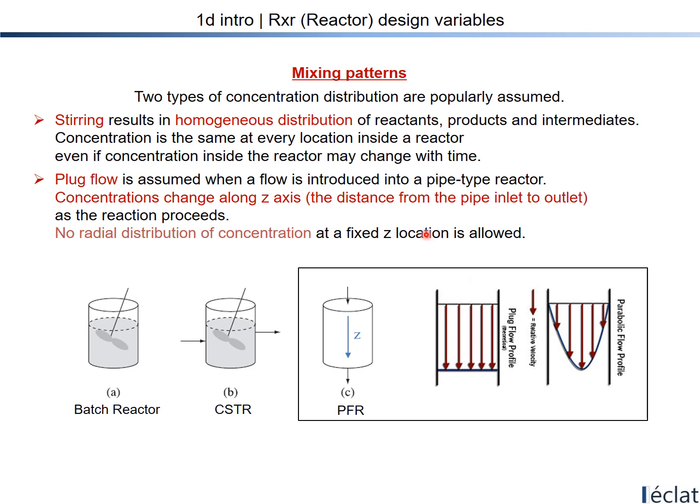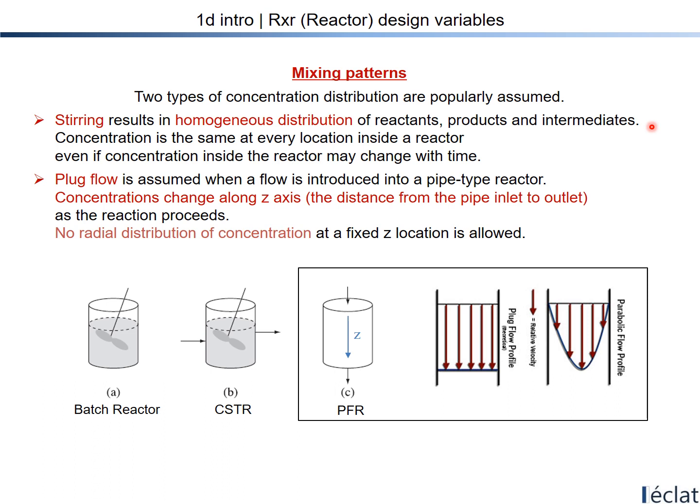The other reactor design variables could be mixing patterns. Two types of concentration distributions are popularly assumed. The first one is the stirring mixing pattern, which results in a homogeneous distribution of reactants, products, and intermediates.